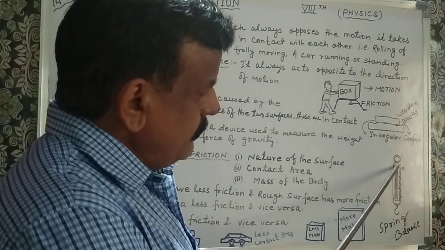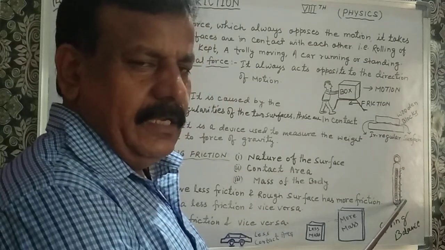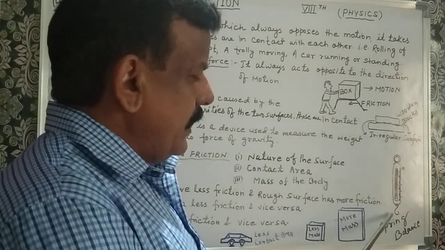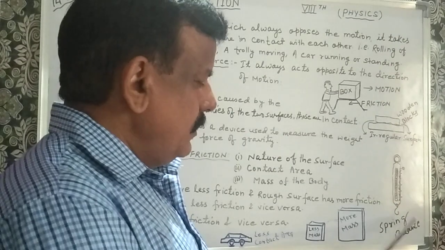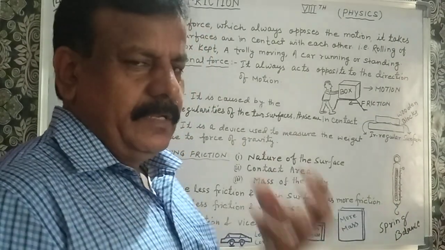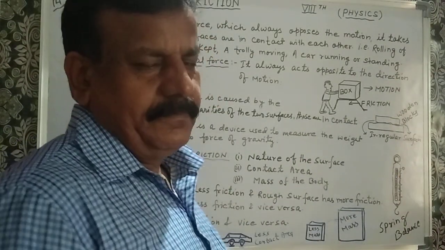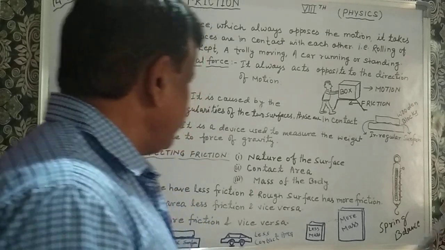Here you can see in between there is a spring attached with a scale in kg, and this is the hook. When an object is hung here, the spring stretches and we can read the weight.